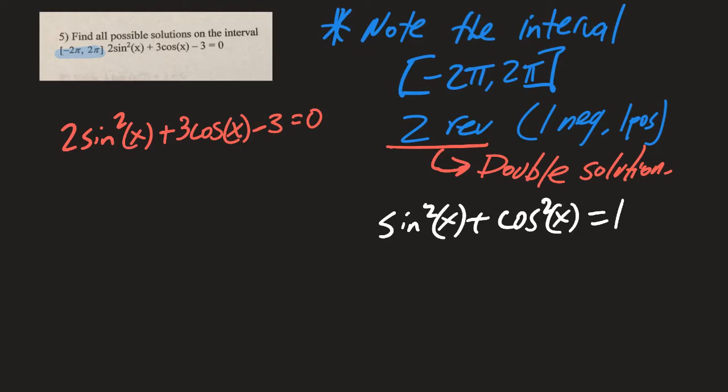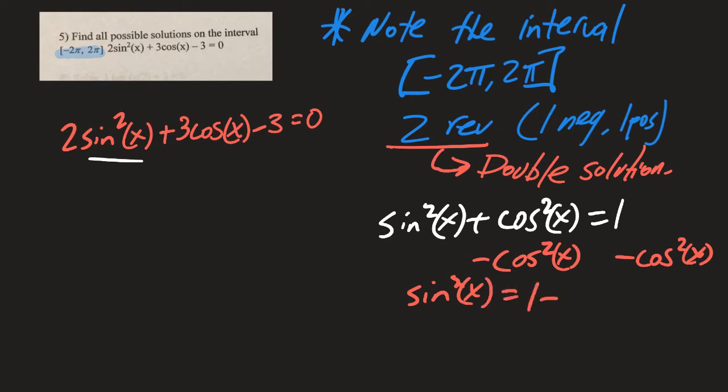Okay, and I see this sine squared, so I'm going to go ahead and get sine squared by itself in this formula. So we'll move that cosine squared to the other side by subtracting it, and I'm going to end up with sine squared of x equals 1 minus cosine squared of x.